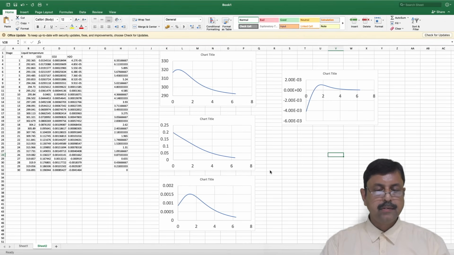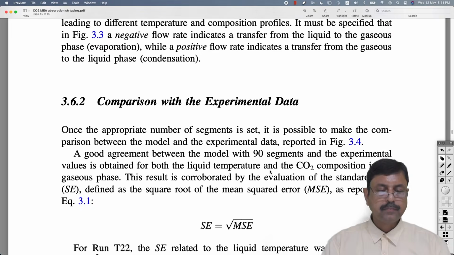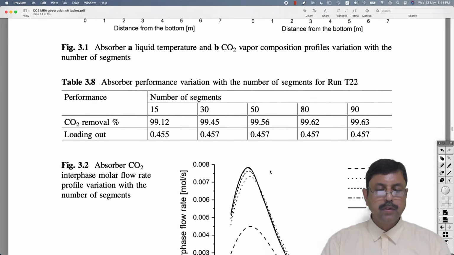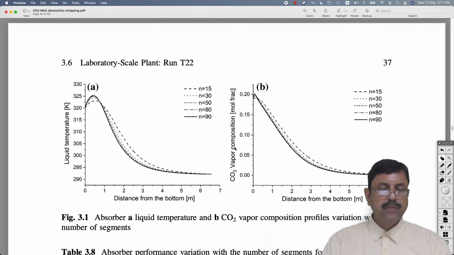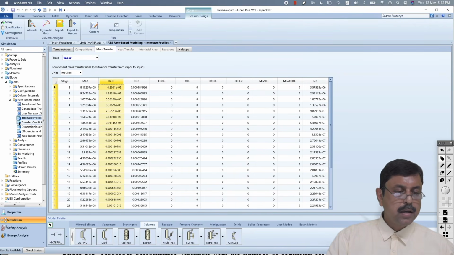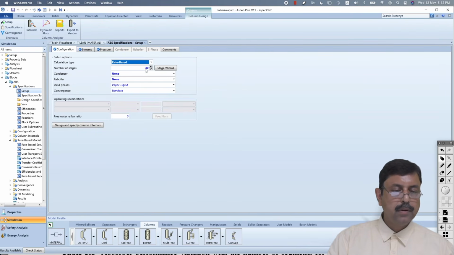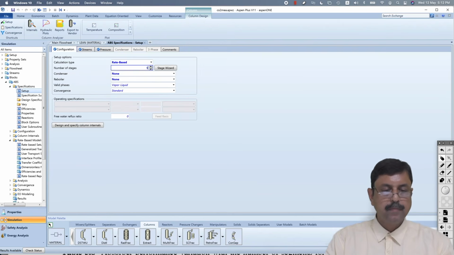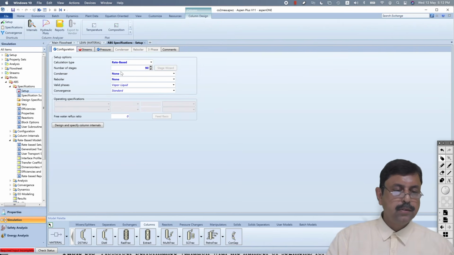So the trend is similar. Okay, now if you change it from 30 stage to 90, let us see how it changes. For that, what we need to do is change the setup from 30 to 90. So number of stages 90.